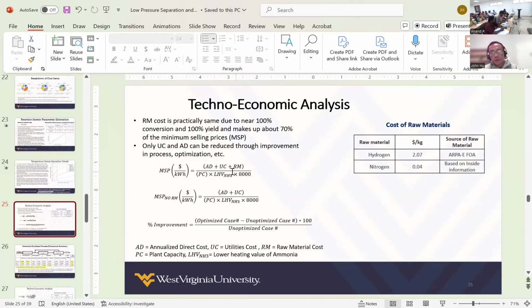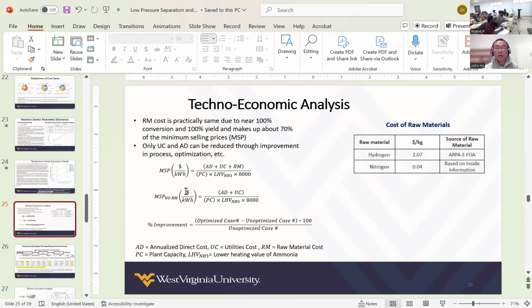See the MSP. How do you calculate MSP? Minimum selling price means, for any production plant, if you produce ammonia, how much you have to sell it for in order to break even, that means you do not lose money.